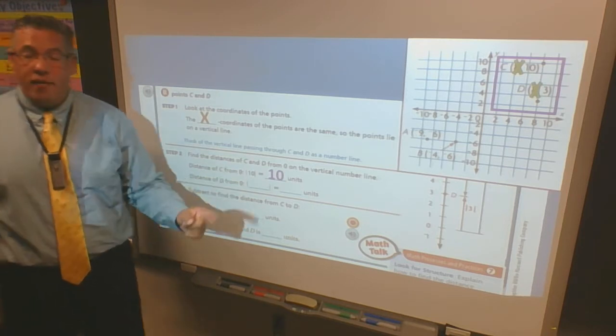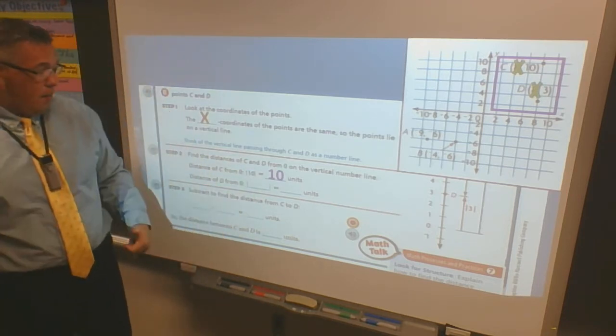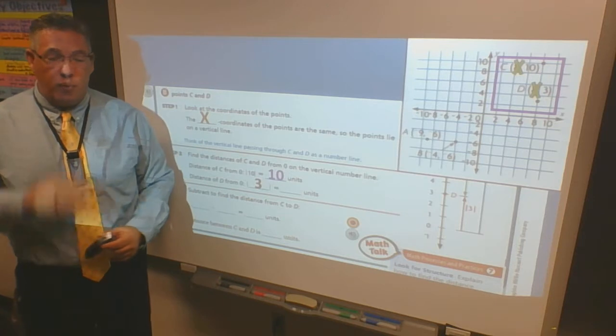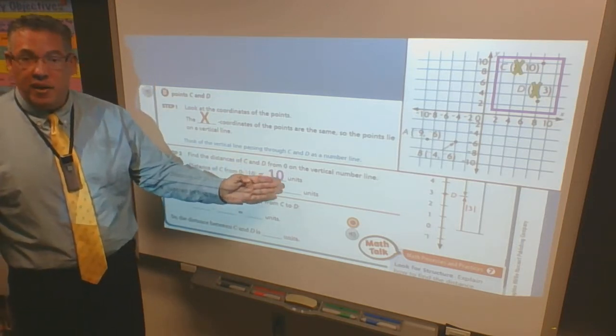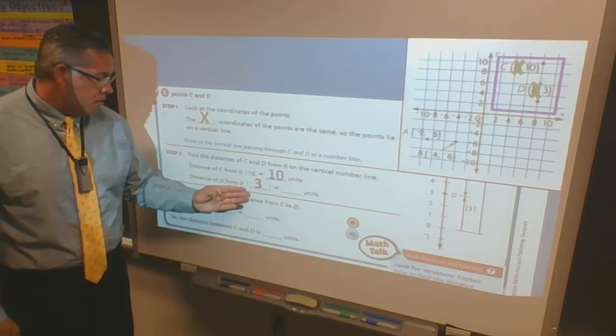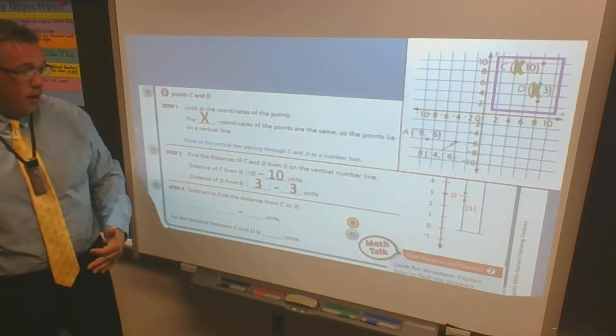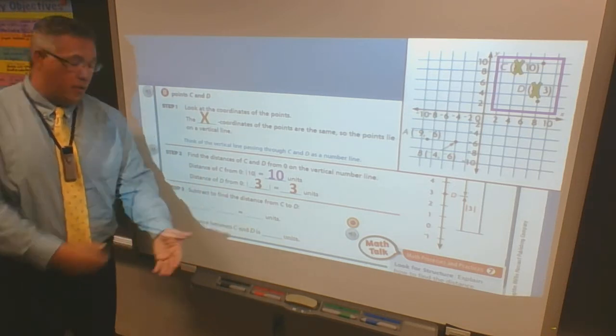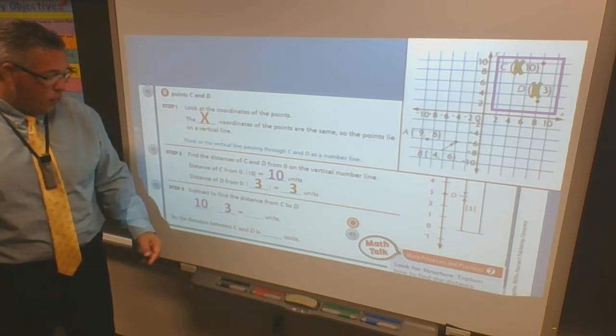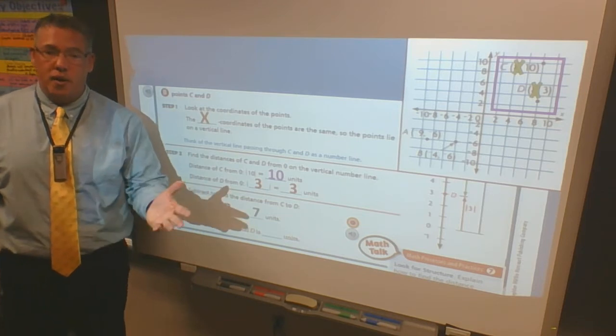On the first one, I have an absolute value of 10, and on my second one, I have an absolute value of 3. So when I look at absolute value of 10, I know it's equal to 10. Absolute value of 3, I know it's equal to 3. They're in the same quadrant, so I know I'm going to subtract them. So when I subtract 10 and 3, I'm going to end up with 7 units.